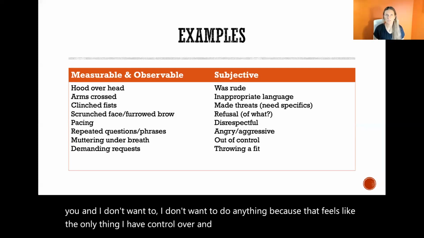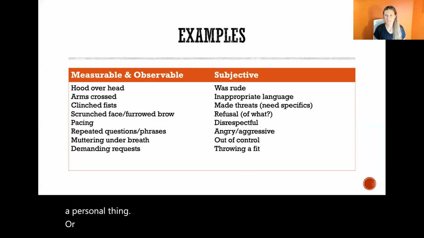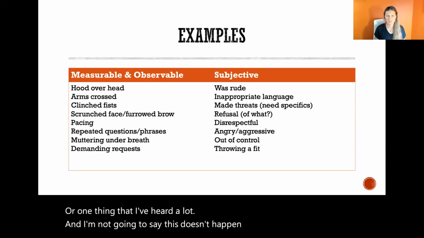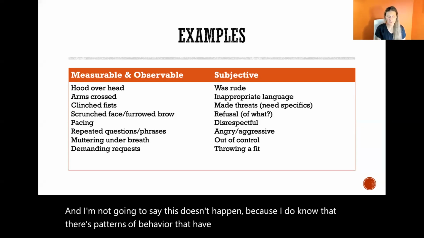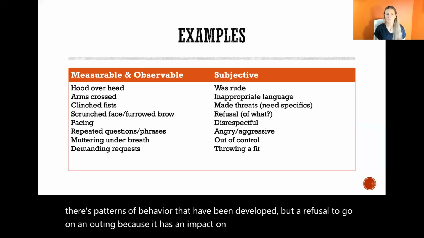And the refusal sometimes feels like it's a personal thing. One thing I've heard a lot, and I'm not going to say this doesn't happen because I do know there are patterns of behavior that have been developed, is a refusal to go on an outing because it has an impact on everybody else. Why? What is that really about?